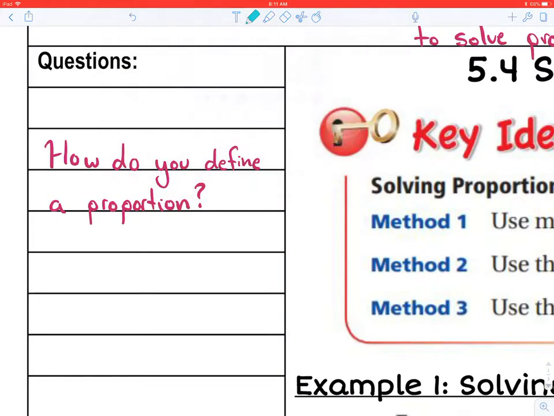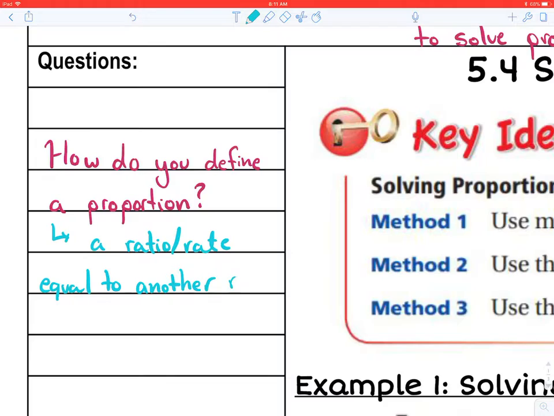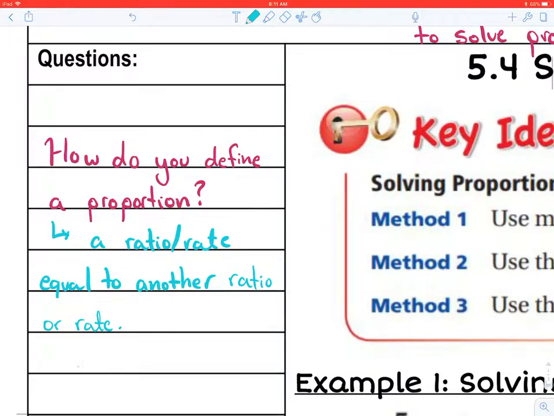We would define a proportion by saying that a ratio or rate is equal to another ratio or rate. For example, we could say something like 1/2 is the same as 4/8, or 1:2 is the same as 4:8.